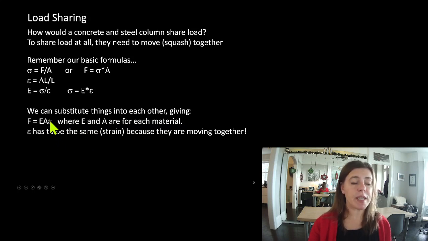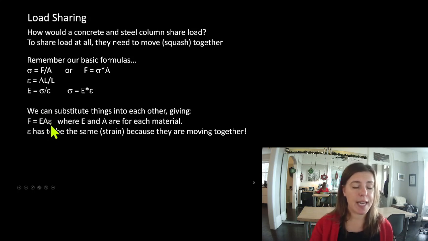If for each material they're moving together, we know the strain has to be the same. So the force in the steel, the E for the steel and the area for steel, that strain has to be the same as the force for the concrete, the E for the concrete, and the area for the concrete, because they are moving together.